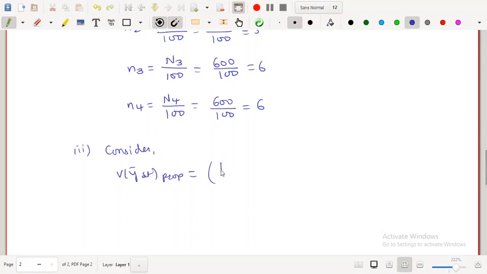The formula is 1 upon small n minus 1 upon capital N, summation i equal to 1 to k, Wi Si square. So Wi is actually Ni upon N. So put all these values here.